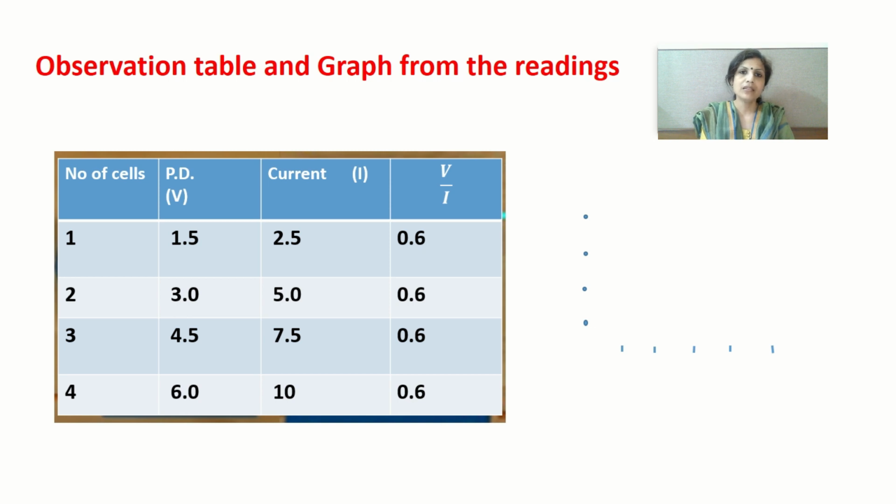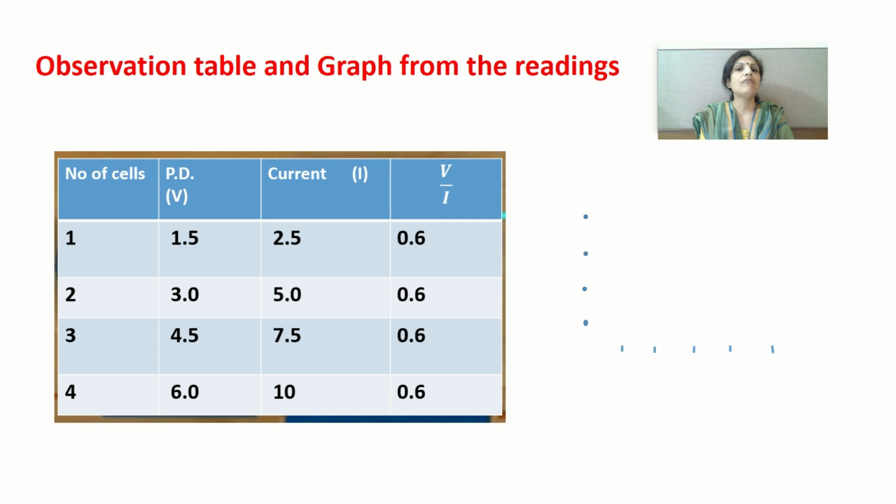Then when 3 cells were connected in the circuit, potential difference is 4.5, and during that time the ammeter showed the reading as 7.5 ampere. If you take the ratio V upon I, again it is showing 0.6.